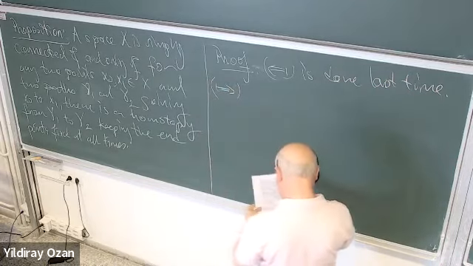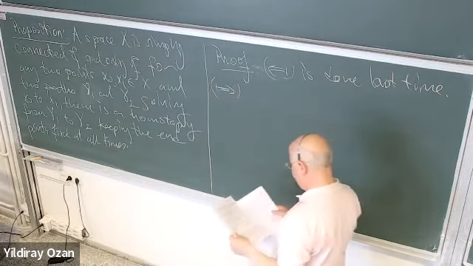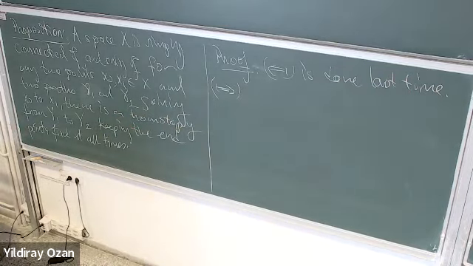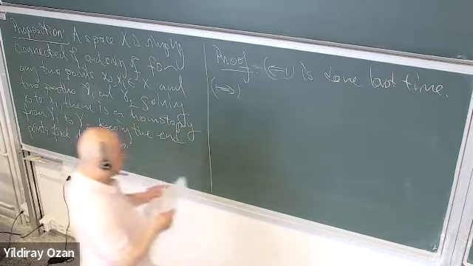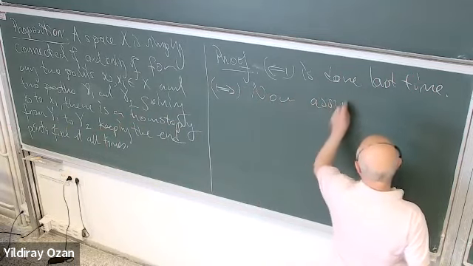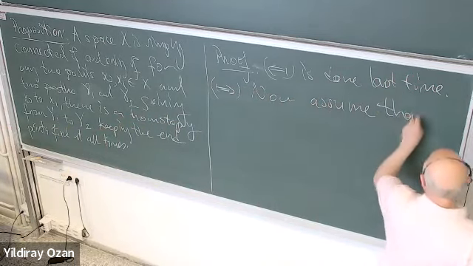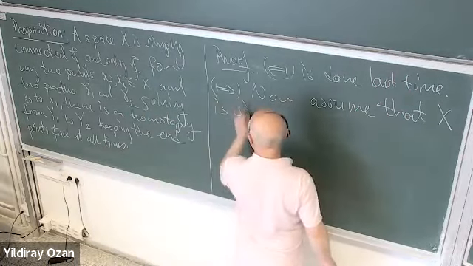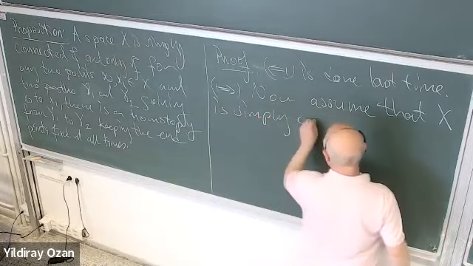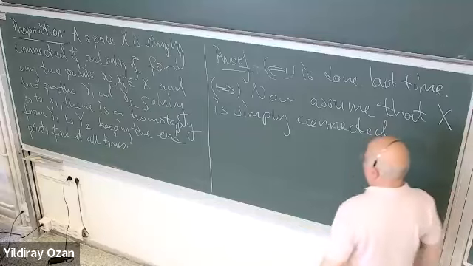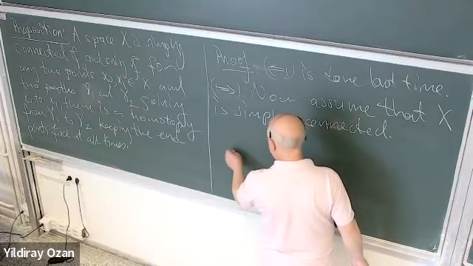For this part, we proceed as follows. Now assume that X is simply connected. What we have to do is the following.